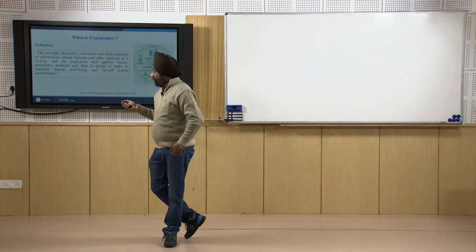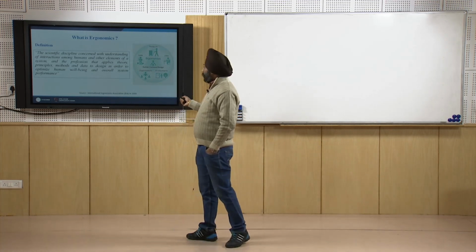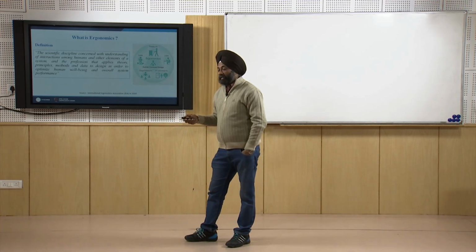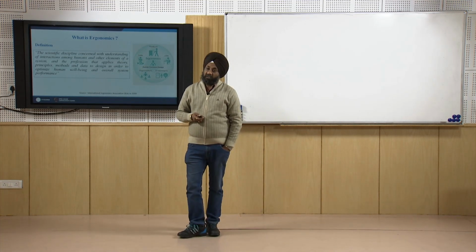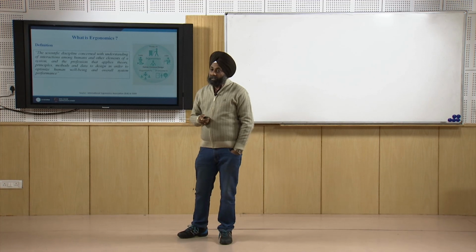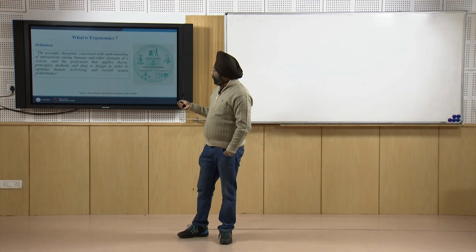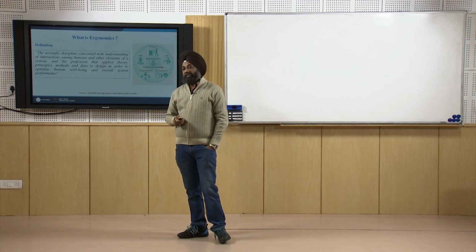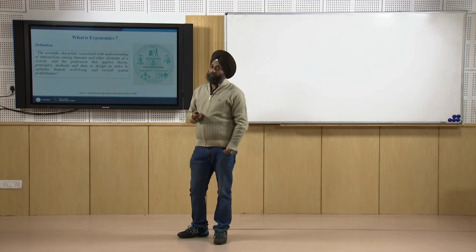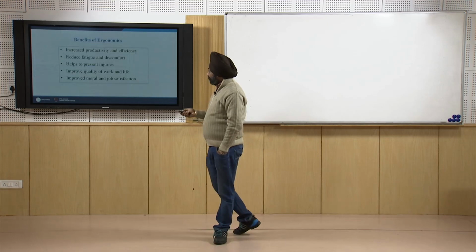So all that are the basic concept of ergonomics. So it is basically the interaction between the human being and the system which has to be taken into account, and we have to use the theory, principles, methods and data to design this interaction in such a way that the overall system performance improves.